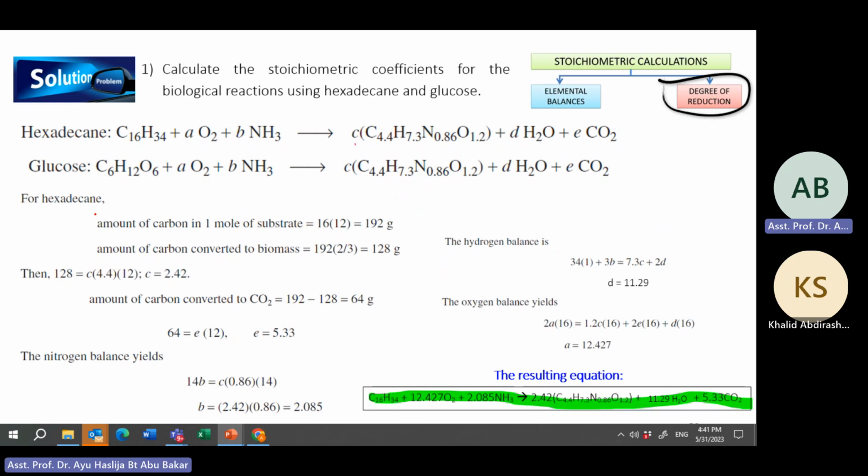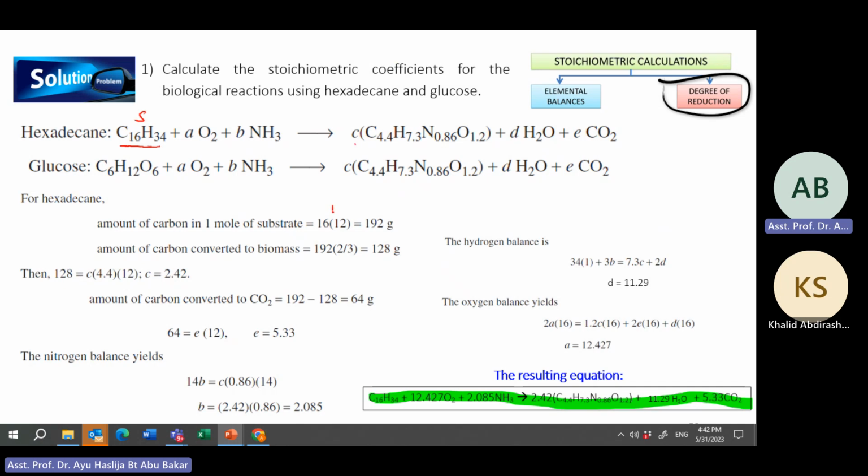Now for hexadecane, from the statement just now, the amount of carbon in 1 mole of substrate. This is the substrate. Amount of carbon, we have 16 carbon.